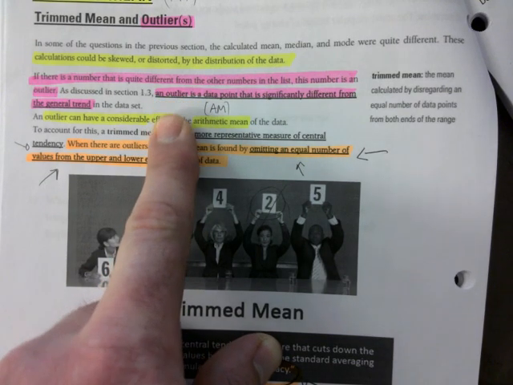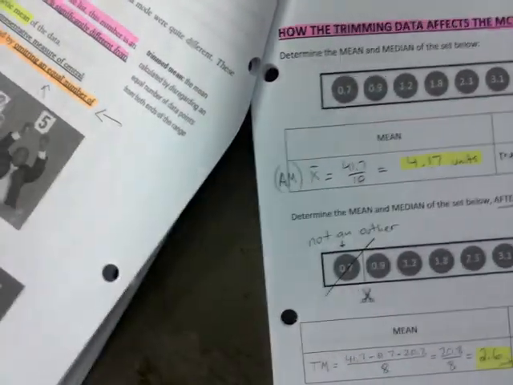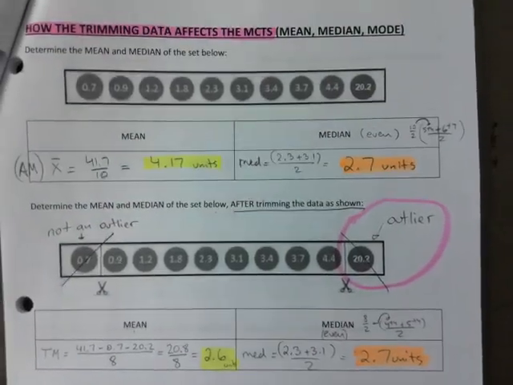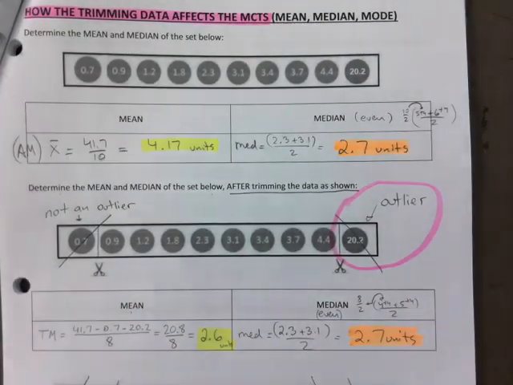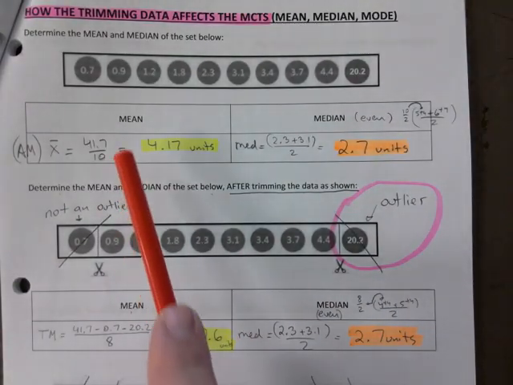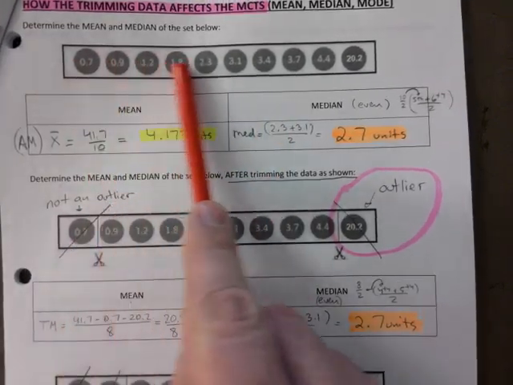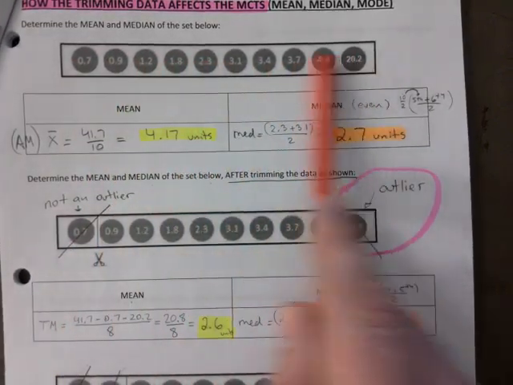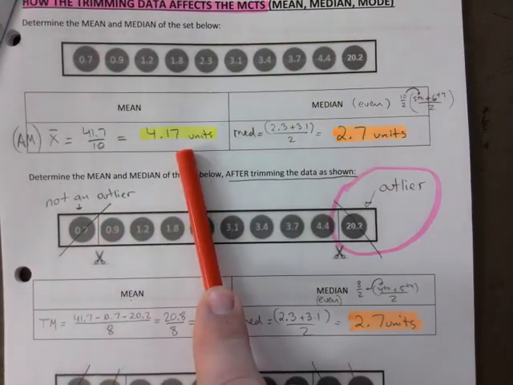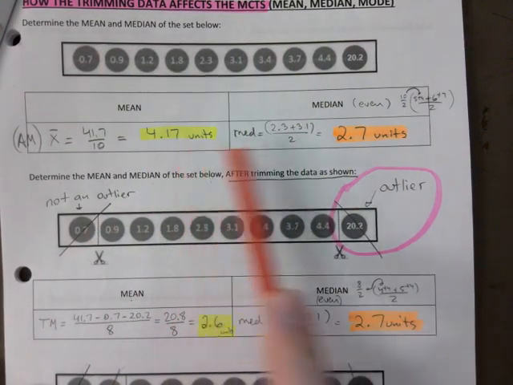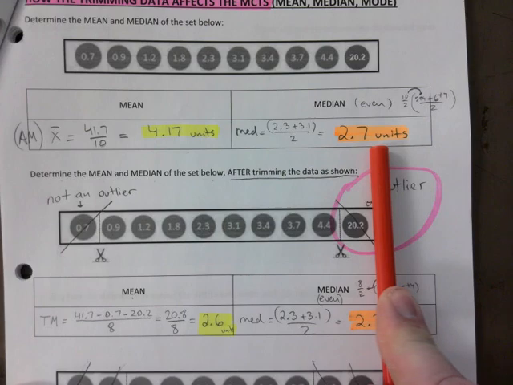It's a bias, right? So go to page 30 here real quick. Page 30. We calculated the arithmetic mean and the median. So we were given this set of values and we just included all numbers. We got 4.17 as our average and our median was 2.7.